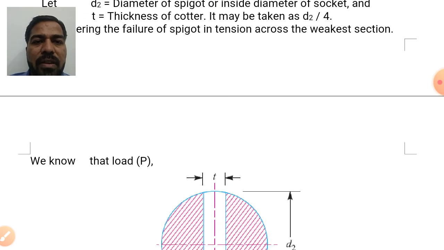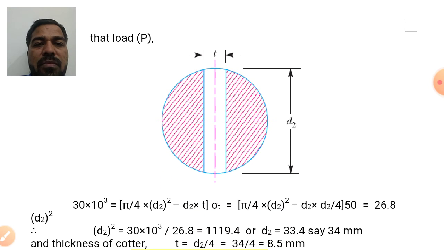We know that the load P is equal to stress into area. So 30 into 10 to the power 3 is equal to pi by 4 into (d2 square minus d2 into t) into sigma t. So put the values of sigma t and t.